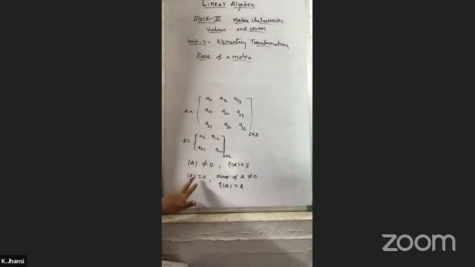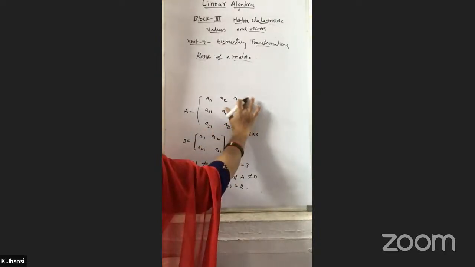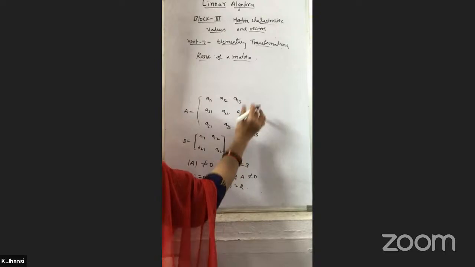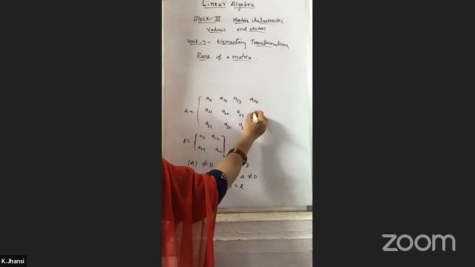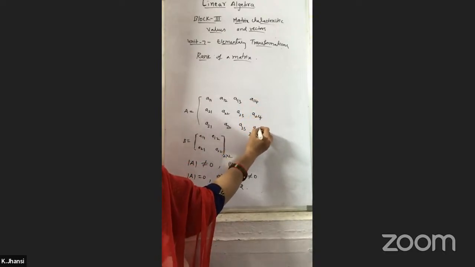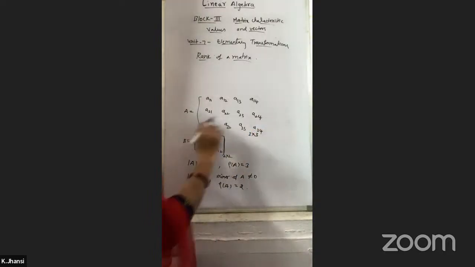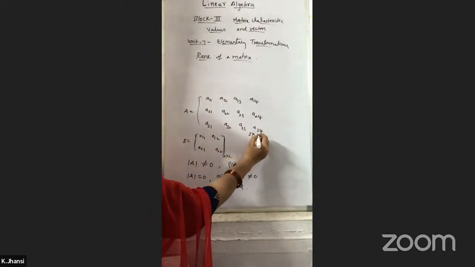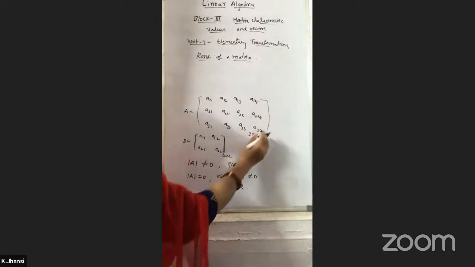So for the determinant of a 3 by 3 matrix, if you get 0, or in some cases you may have a 3 by 4 matrix. If you have 3 rows and 4 columns, this is a rectangular matrix.